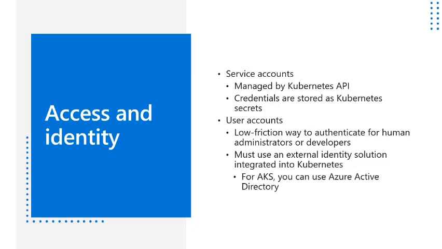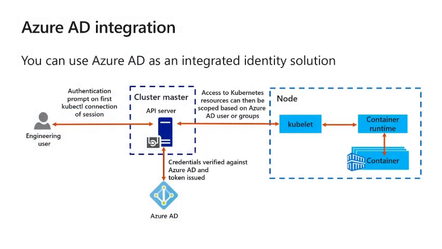For an AKS cluster, this integrated identity solution is Azure Active Directory. So as you see, for access and identity, you have two types of accounts, and you can manage easily with those two types of accounts. I hope it's clear.